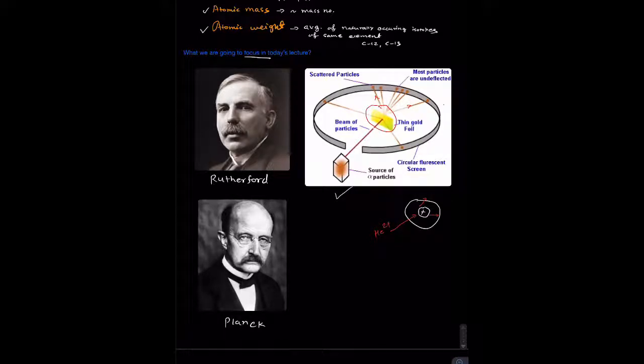He developed the first quantum theory. We're going to talk about him more when we talk about another guy, Bohr, in a future lecture. For now, what you need to know is this: if there is a matter, let's say this is a matter here, think about it this way.